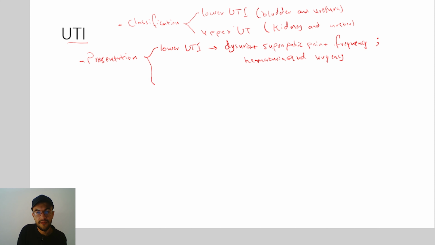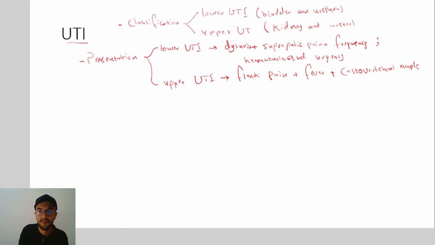The upper UTI, on the other hand, presents with flank pain, also a triad of flank pain plus fever, meaning elevated body temperature, plus costovertebral angle tenderness, and that is found during examination of the patient.